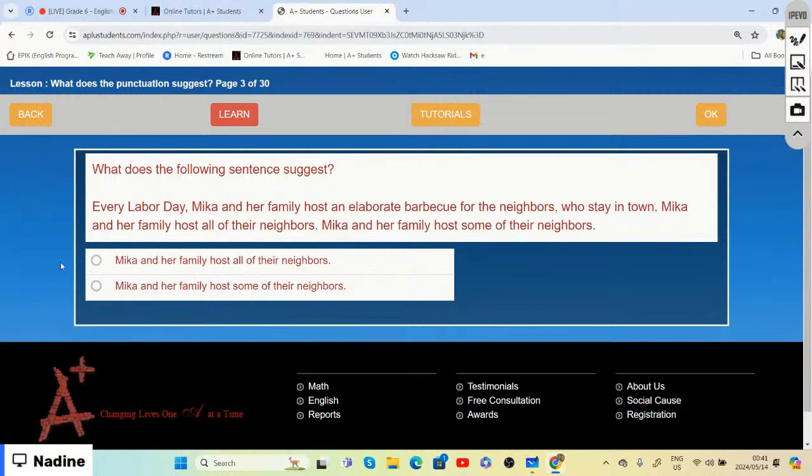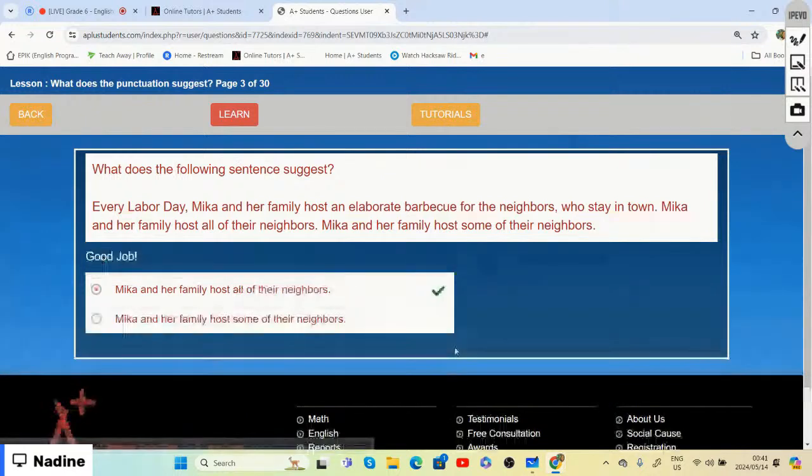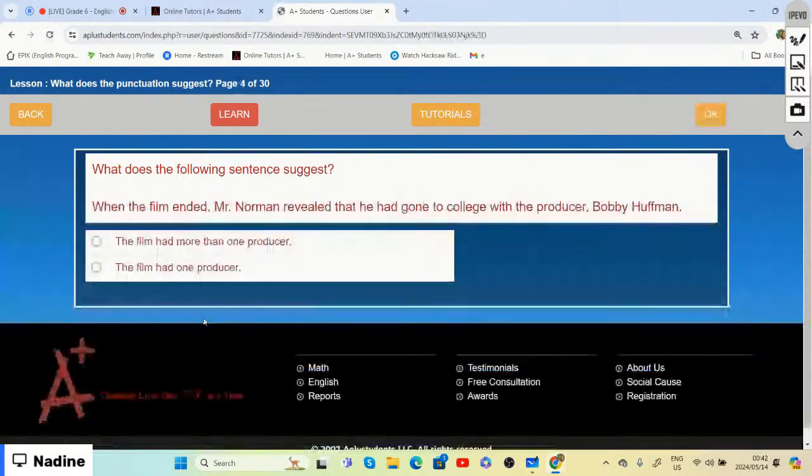Do they host all of the neighbors or just some of the neighbors? So basically all of the neighbors, especially the ones who are in their town. They are hosting. So well done.